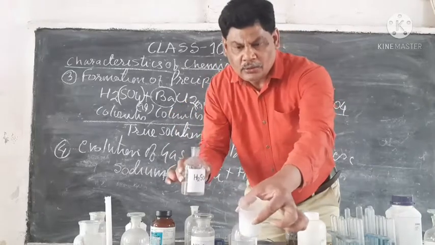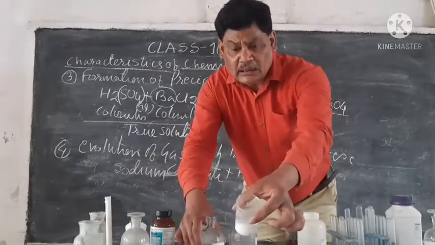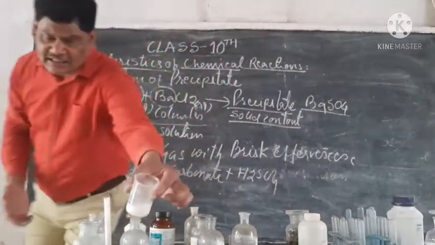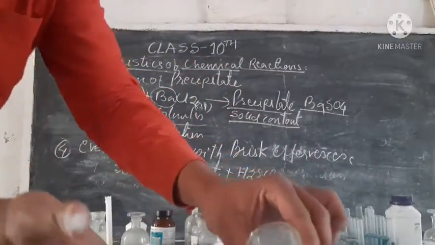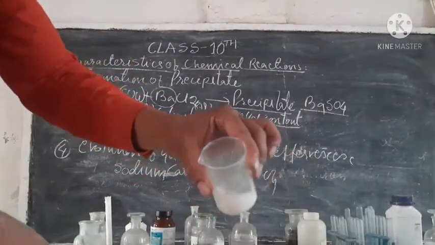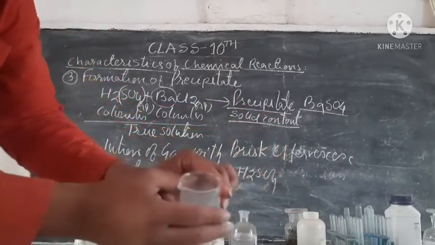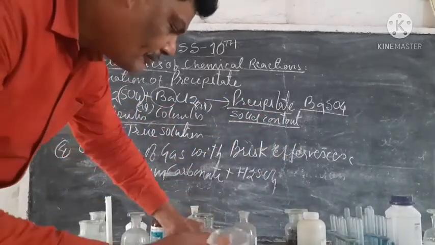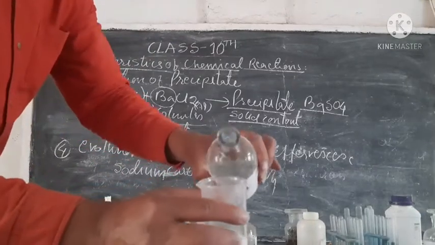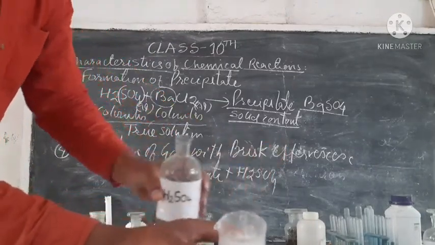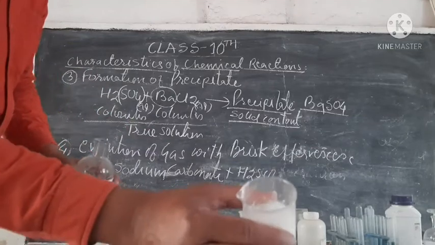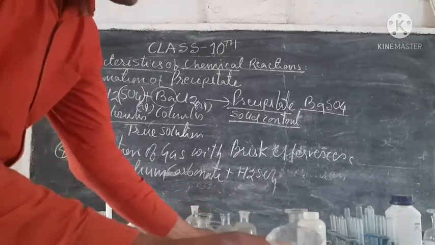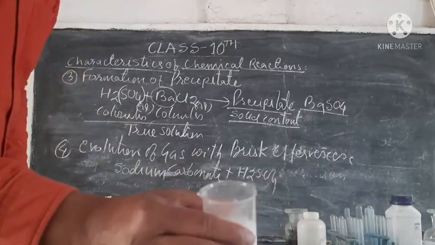Look at it. What's happening? The gas is evolving with brisk effervescence. Can you identify this in your daily life? Yes. When we open any aerated bottle like Thums Up or Coca-Cola, it gives this type of observation. This is called evolution of brisk effervescence.